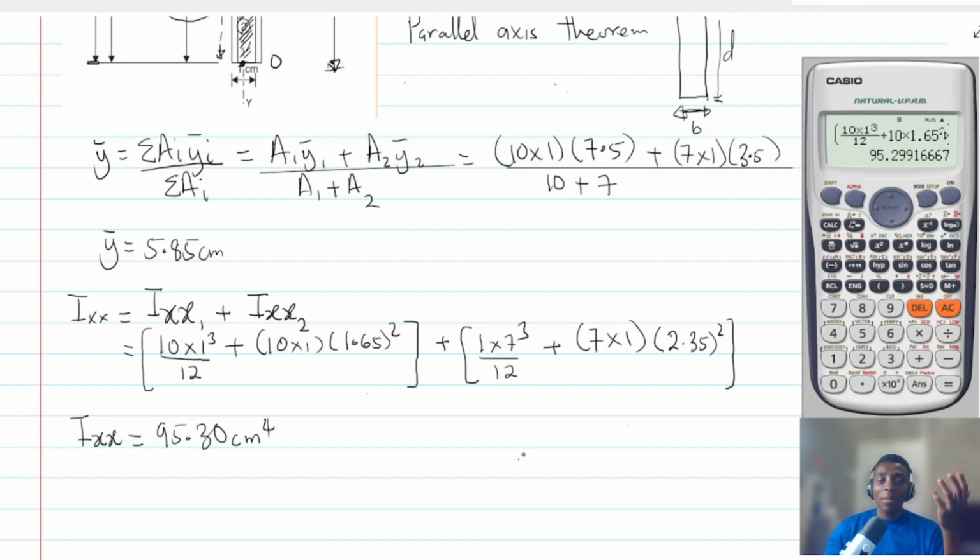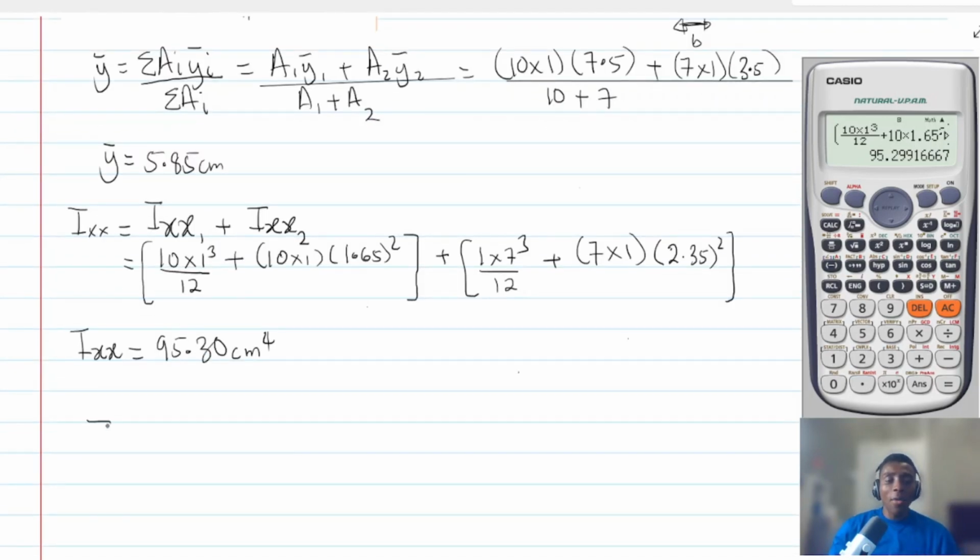Think about getting a small number and a bigger number. Which one will occur first? The small number will occur first. So we'll use the least, but let's calculate the IYY. For the IYY, it is going to be pretty much straightforward. So IYY1 plus IYY2.